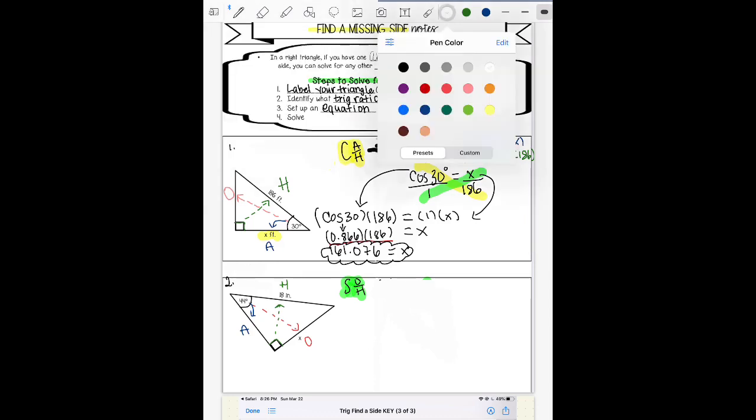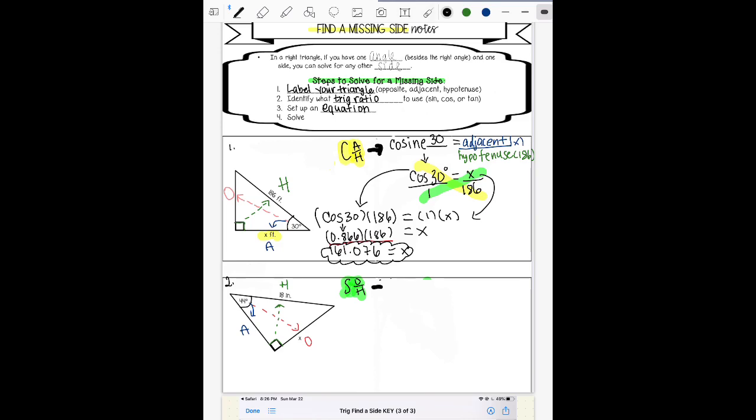Okay, and I'm going to go ahead and just do the work here. Now remember, sine means the sine of something equals your opposite over your hypotenuse.